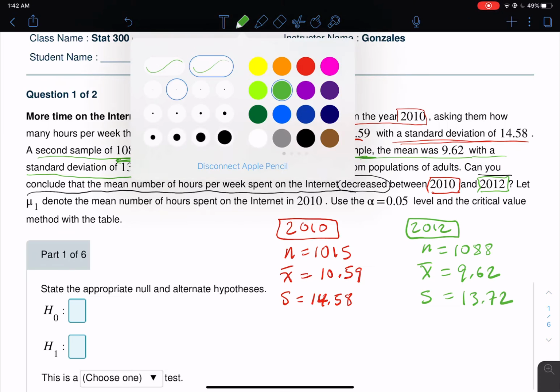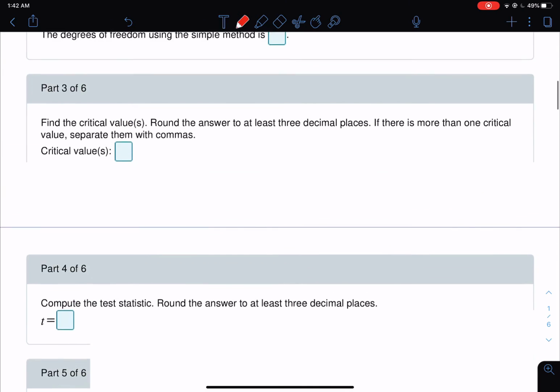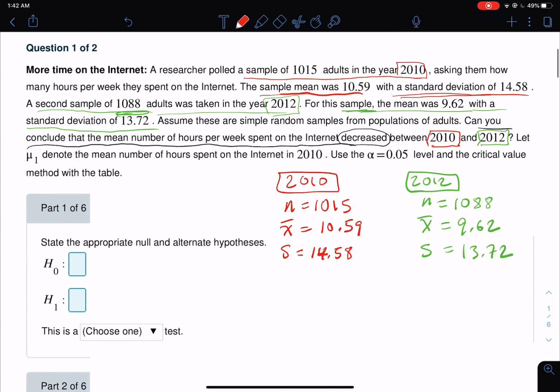And what's kind of nice about this part of ALEKS is that they define mu 1. Because you're going to have a mu sub 1 and a mu sub 2. And they just define it for us. Because if they don't define it for us, then you have to define it.